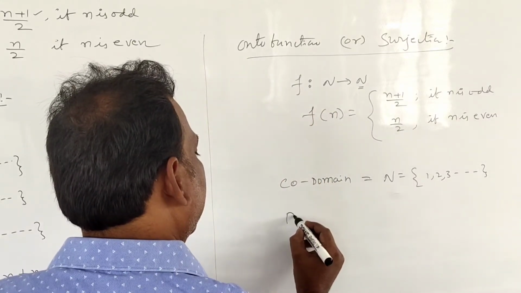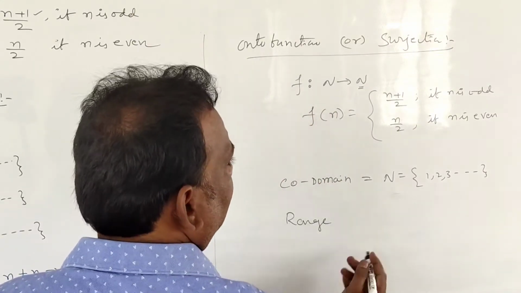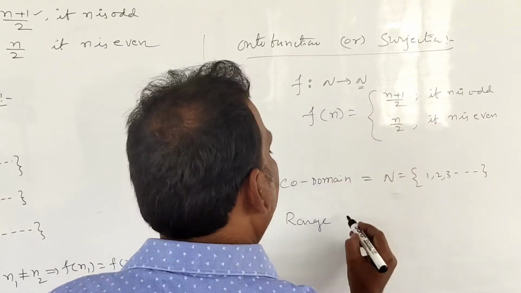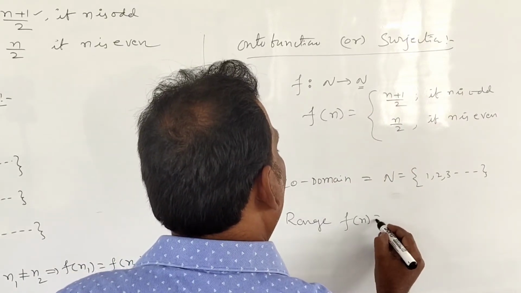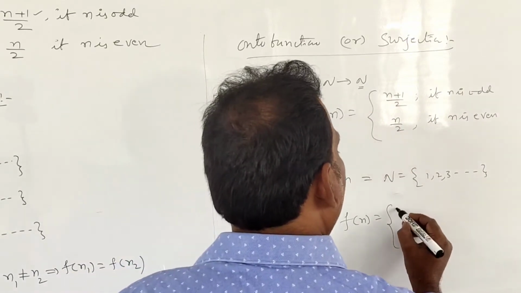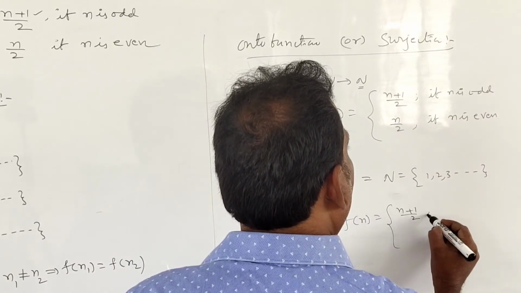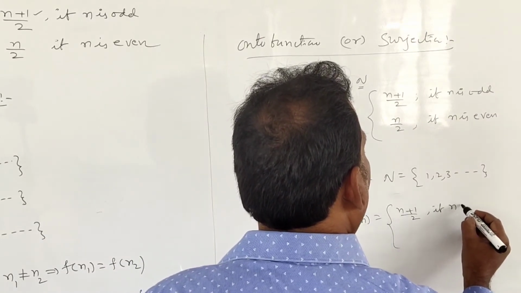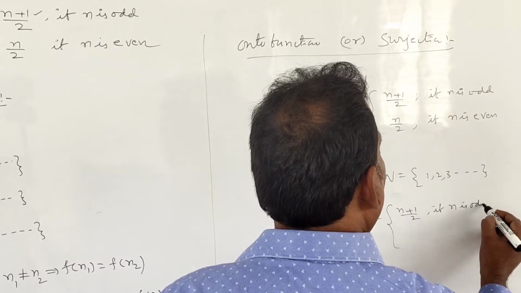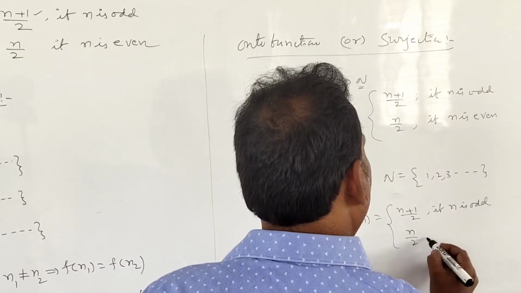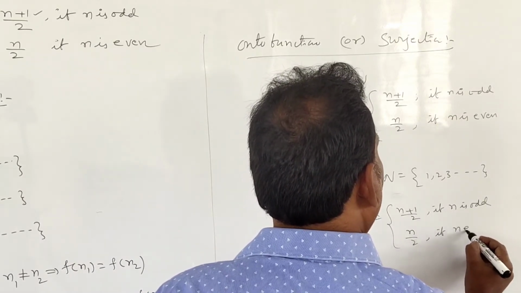Now what is range here? Range is nothing but f of n. f of n, we have two different values. (n plus 1) by 2 if n is an odd number, n by 2 if n is an even number.